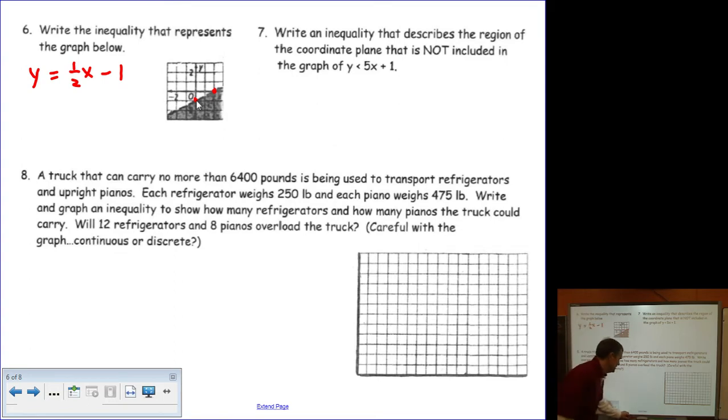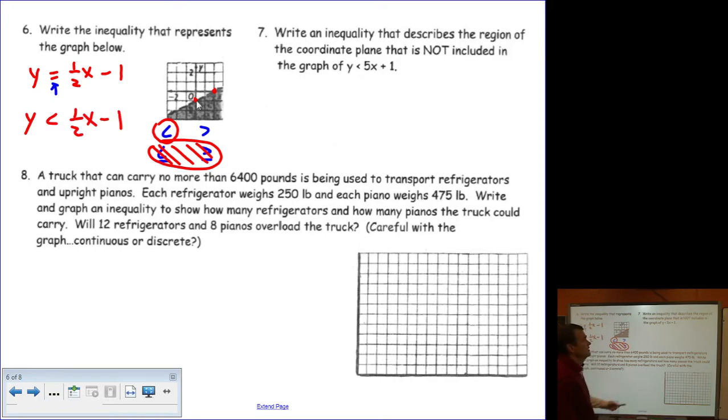Now all I need to do is figure out, instead of an equal sign, what inequality should go there. Since it's a dashed line, I can get rid of these. And since it is shaded below the line, this must be the one.